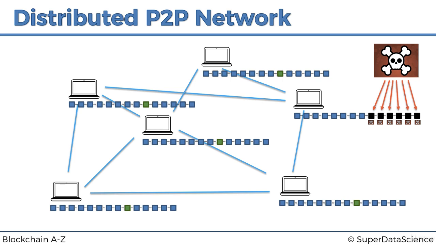But in distributed peer-to-peer networks, what happens is they're all synced up very constantly. The network is constantly checking. That's how the system is designed. The blockchains are constantly checking their peers to see if their blockchains match up. And so instantly these peers would see that there's a problem, that their blockchain doesn't match up to this blockchain.